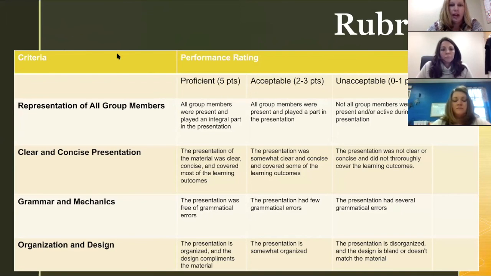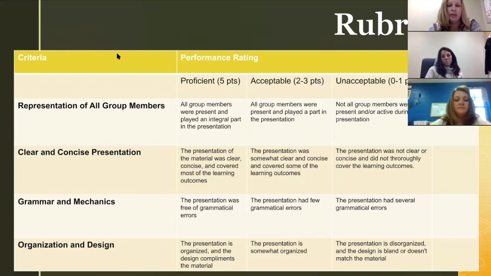So we would have them give us either 0 to 5 points in 4 different areas. Representation of all group members, making sure that all the group members were present and took an active role in the presentation. Clear and concise presentation. The material was presented clearly and concisely and covered the majority of the learning outcomes.